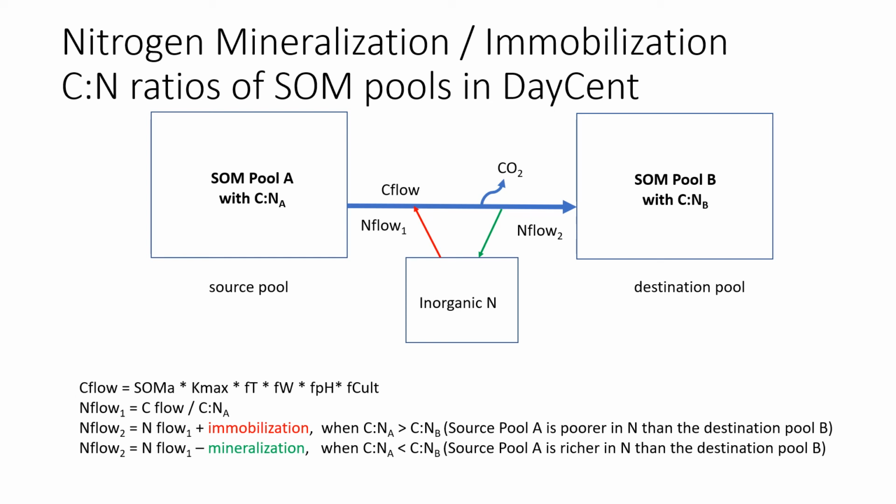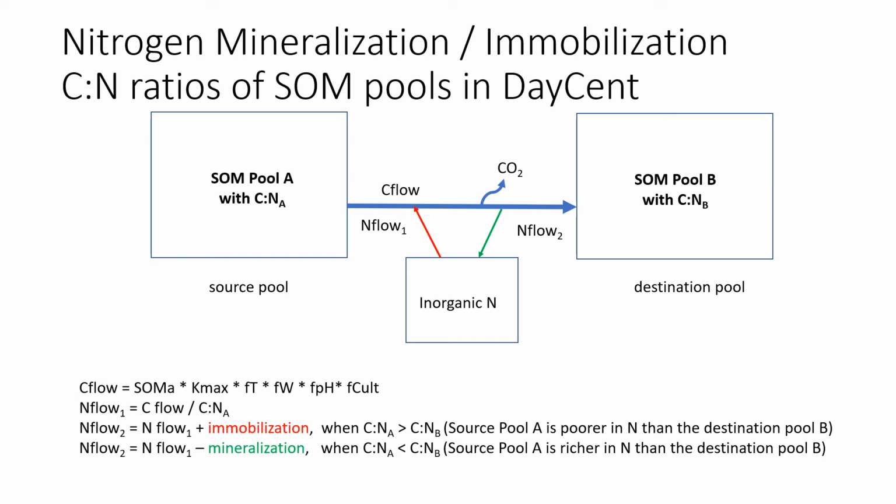And the way DayCent figures out if nitrogen is immobilized or mineralized is based on the relative differences between the C to N of pool A and the C to N of pool B.